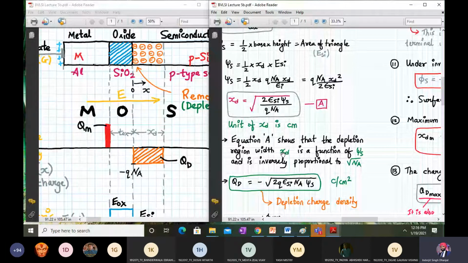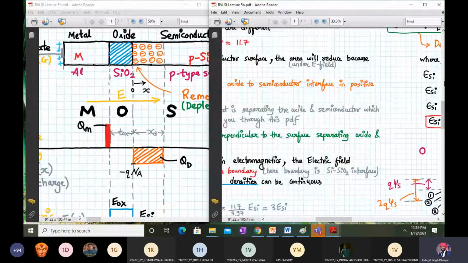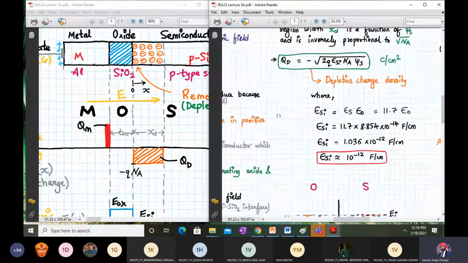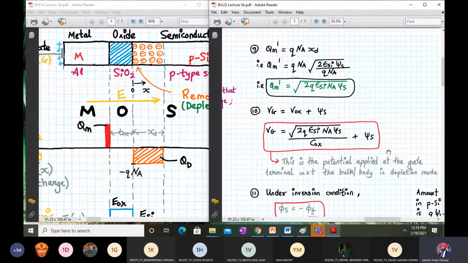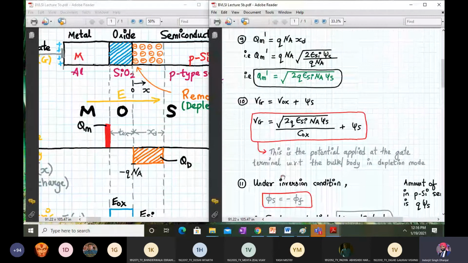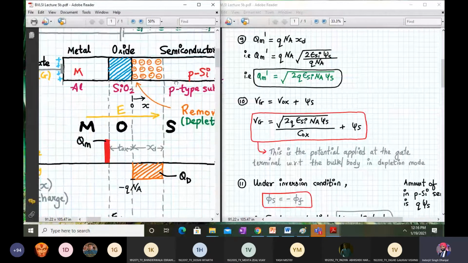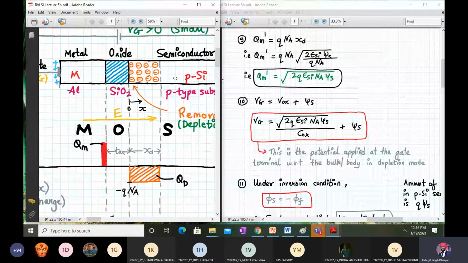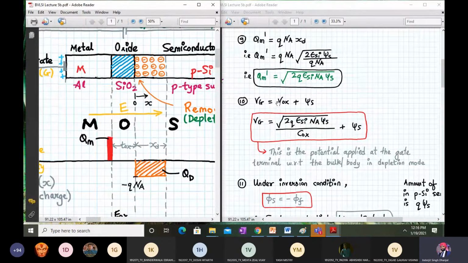So this is the potential applied at the gate terminal with respect to bulk or the body in the depletion mode. The amount of gate potential applied will be equal to the potential drop across the oxide and the potential drop across the semiconductor, which is given by psi s.